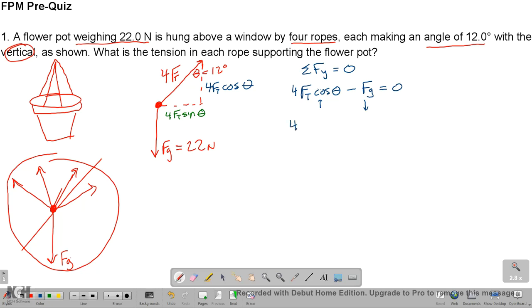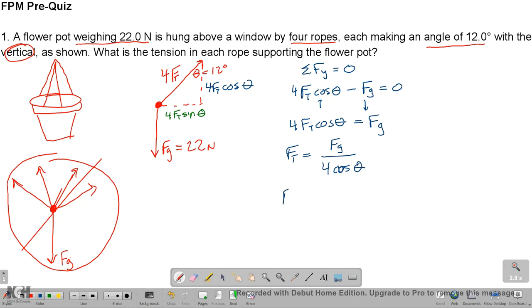We'll then rearrange, so I'm going to add Fg to the other side. And then we need to divide by 4 cosine theta to get Ft by itself. So Ft is equal to Fg divided by 4 cosine theta.